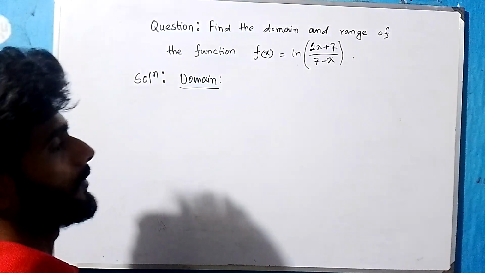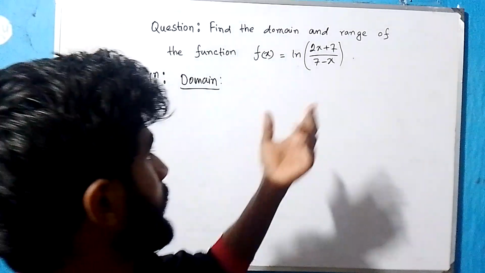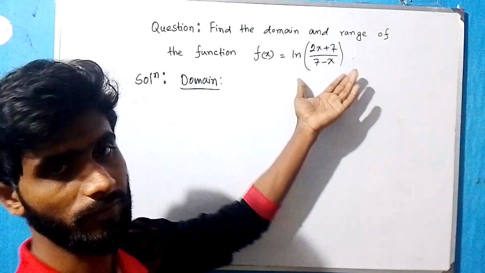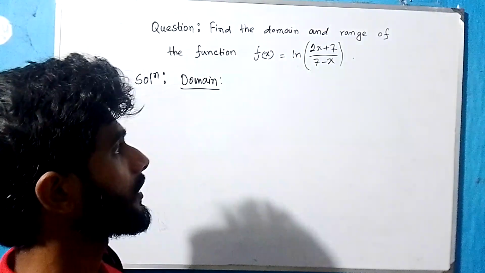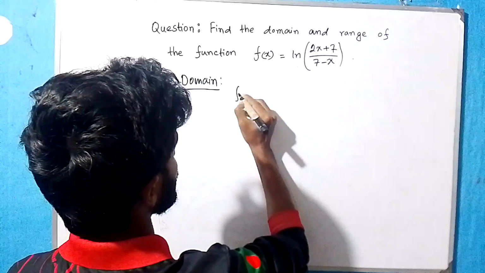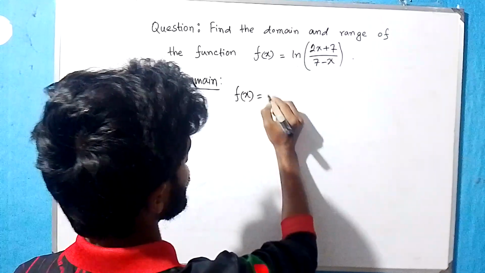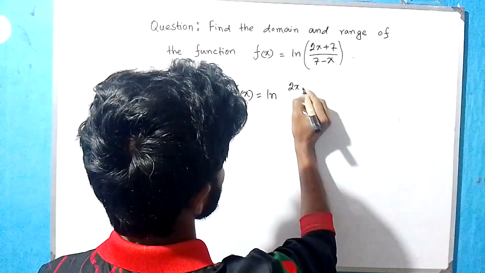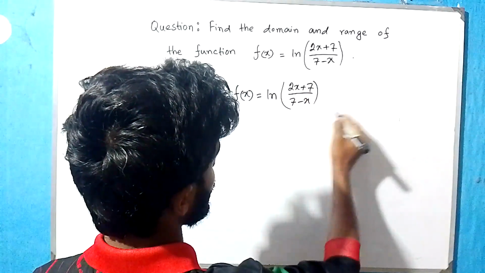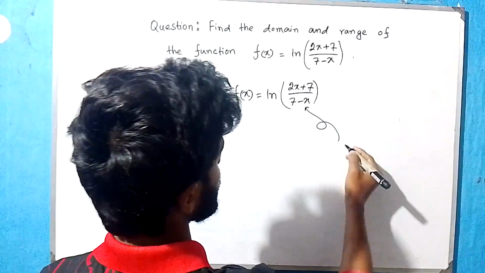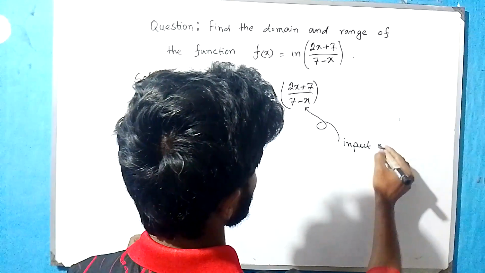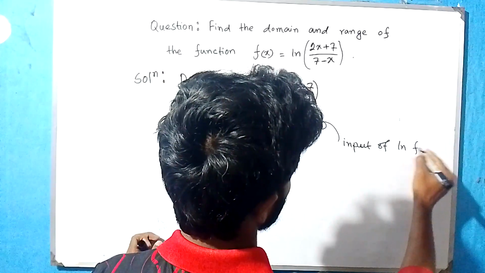Okay, so we have a problem, and here our function is ln of some terms in x. So now our input is, f of x equals ln of (2x plus 7) divided by (7 minus x). So what is this? This is just the input of the ln function.